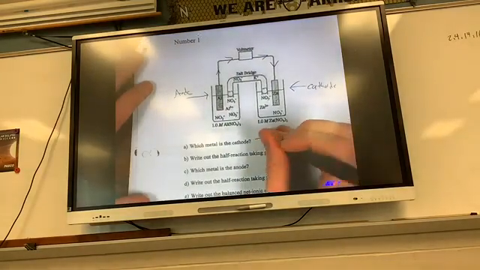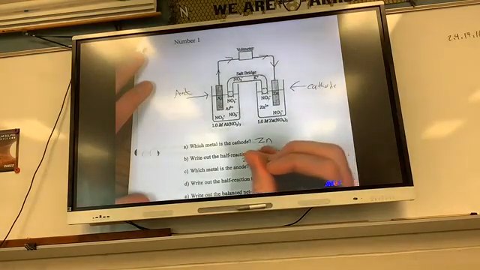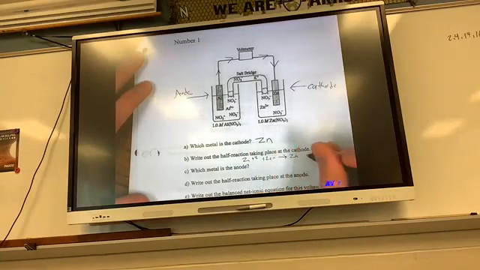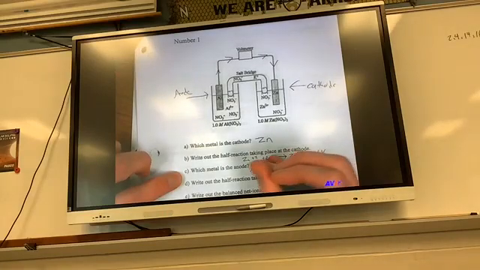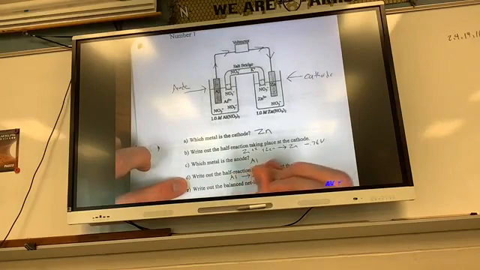So we have 3 Zn2+ plus 6 electrons, plus 2 Al, yields 3 Zn plus 2 Al3+ plus 6 electrons. And then the Zn is negative 0.76. And then we're flipping that value, so it's going to be plus 1.66.